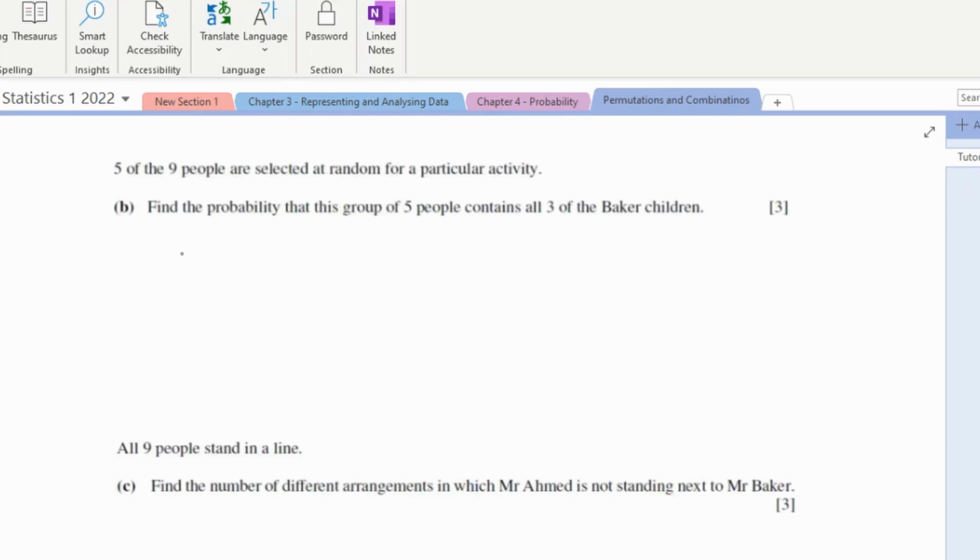Well, if it contains all of the children, so we've got 3 Baker children, how many people have we got left? 6, and from them we're choosing 2 more.